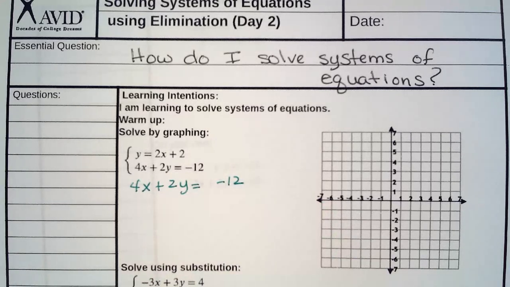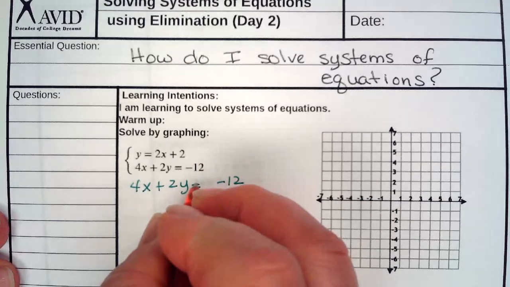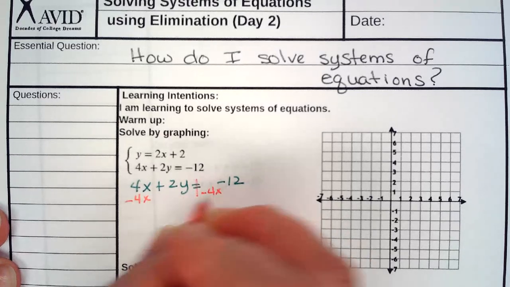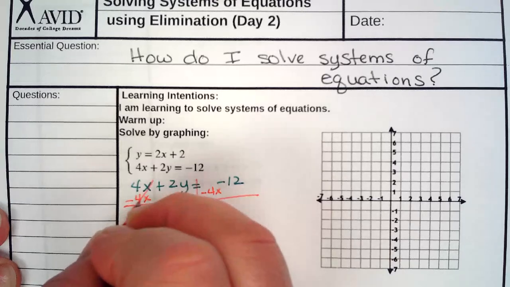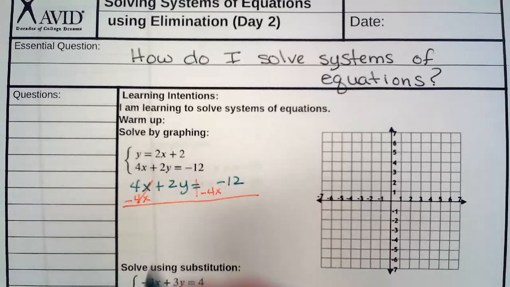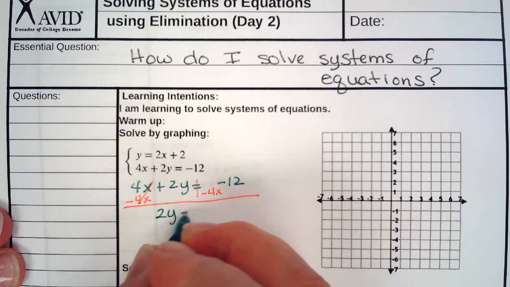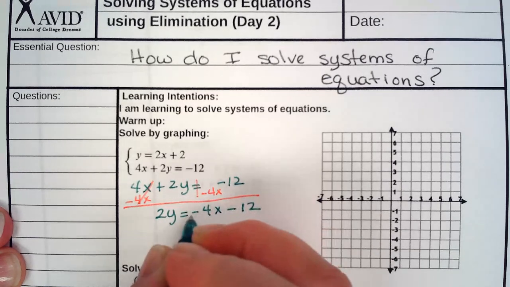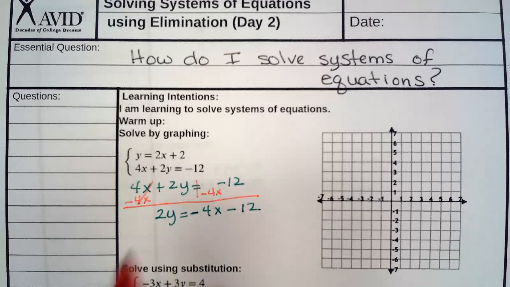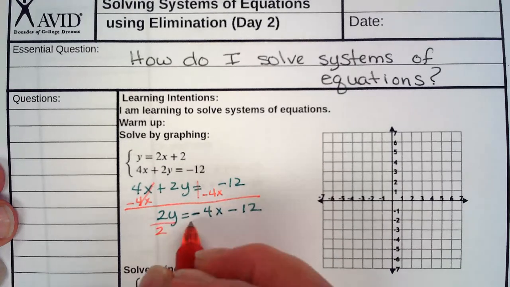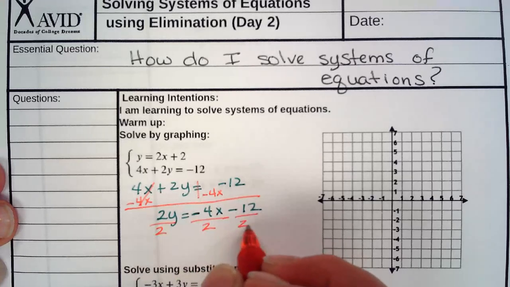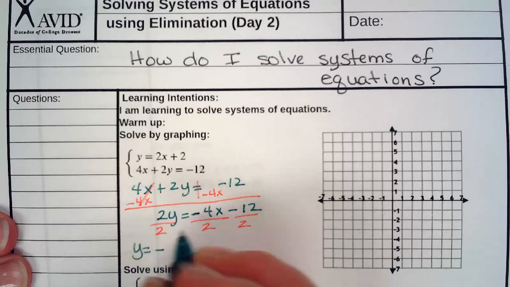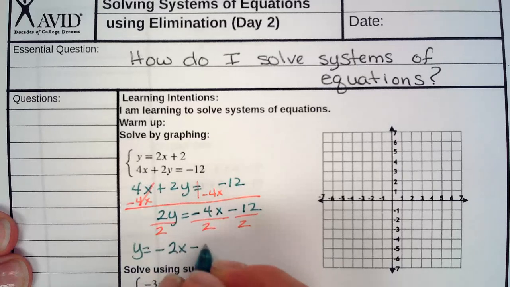Step 1 is to subtract 4x from both sides. 2y is equal to -4x minus 12. Now, I will divide by 2 all the way across. Y is equal to -2x minus 6.